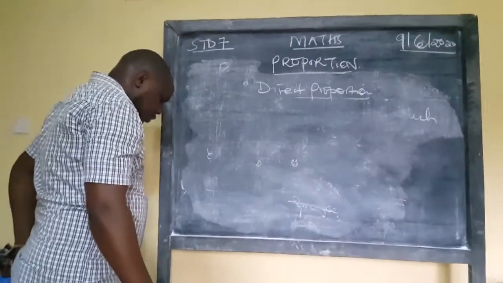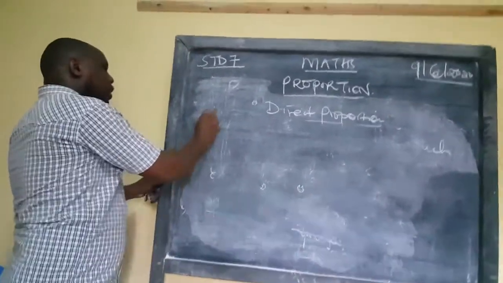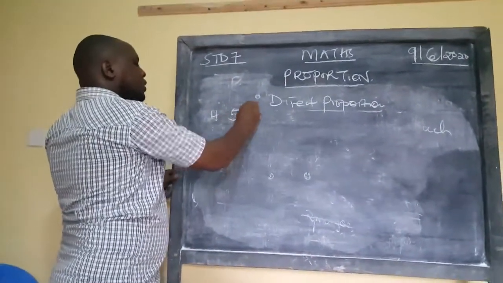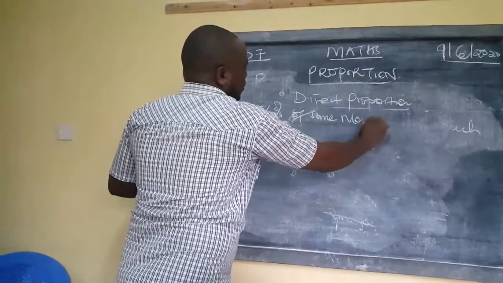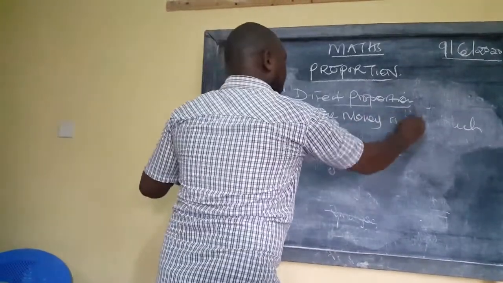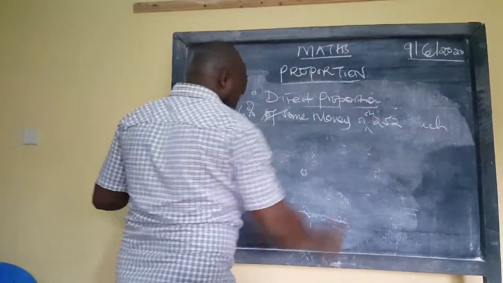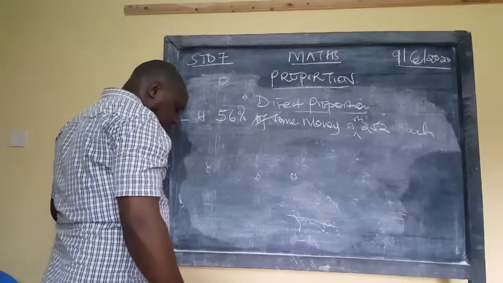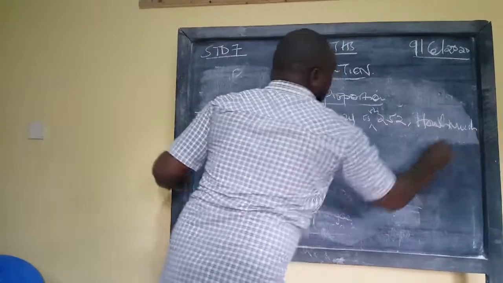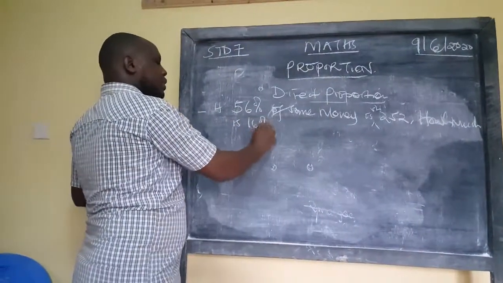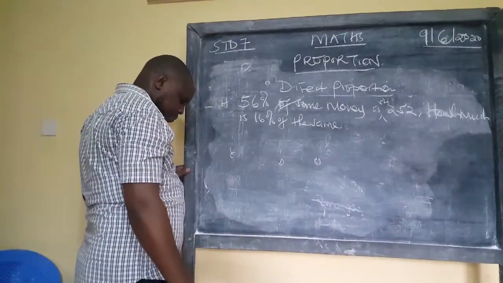If 56% of some money is 252 shillings, the question is, how much is 16% of the same amount?